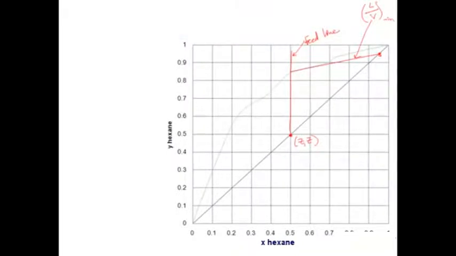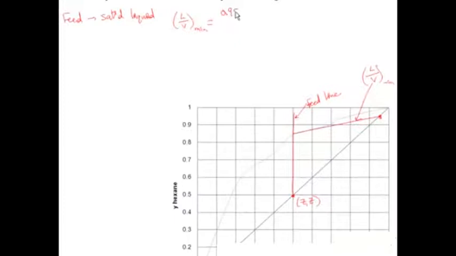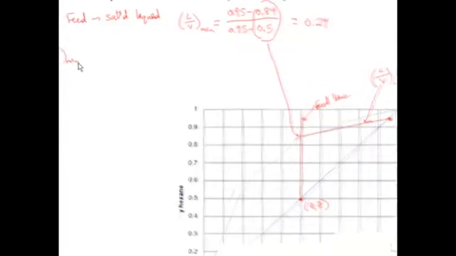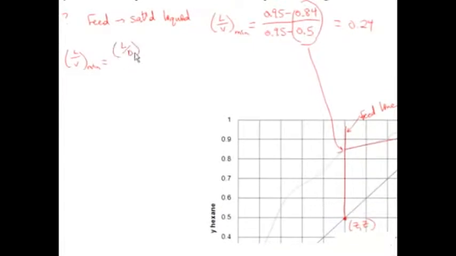So L over V min equals 0.95 minus 0.84 over 0.95 minus 0.5. So this is this point here. That equals 0.24. Now L over V min equals L over D min over L over D min plus 1.